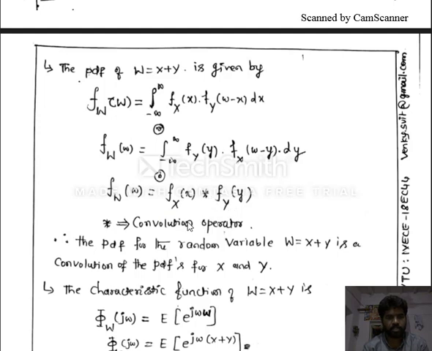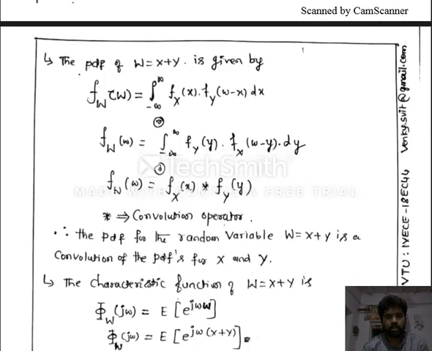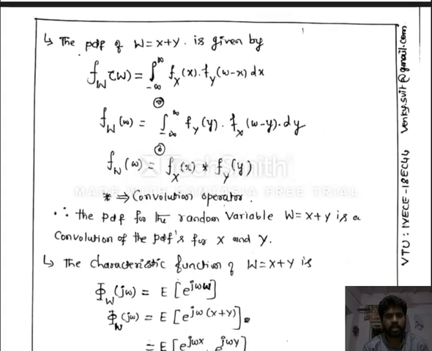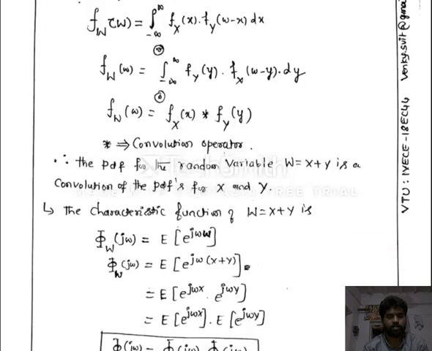Here the star represents the convolution operator. So I can conclude that the PDF of the sum of independent random variables x and y is given by the convolution integral between the PDFs of random variable x and random variable y.